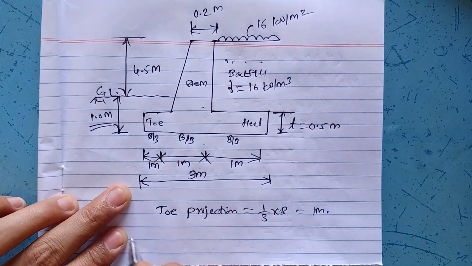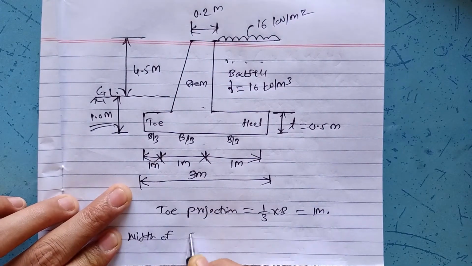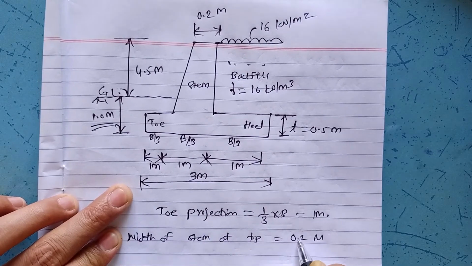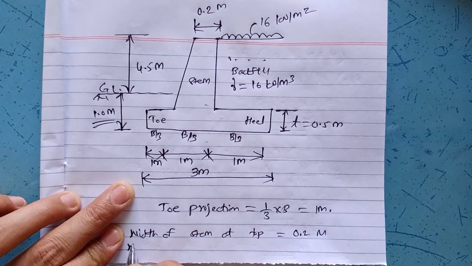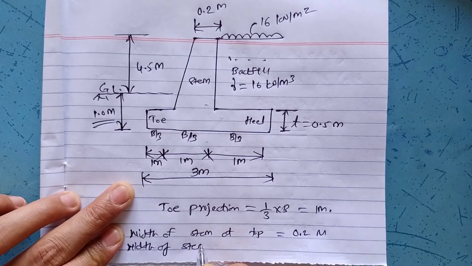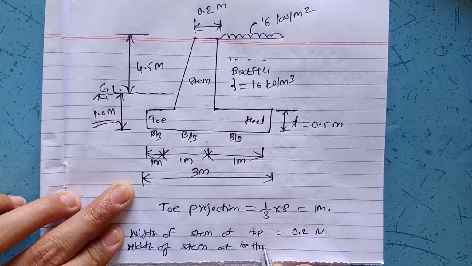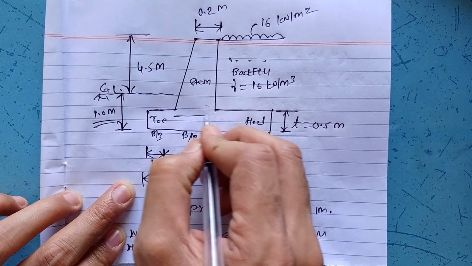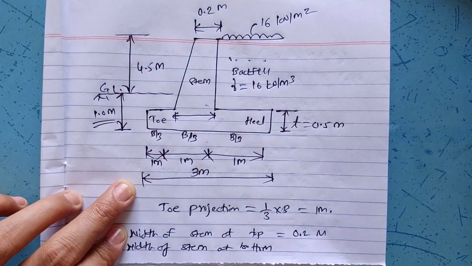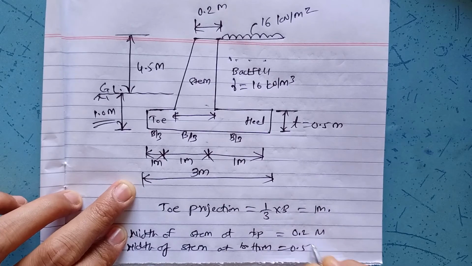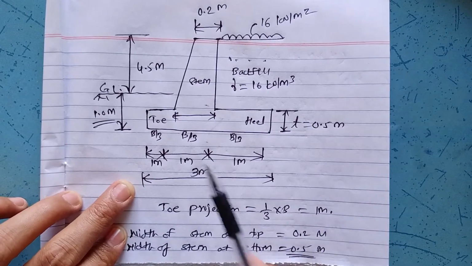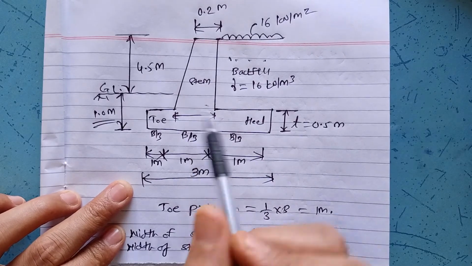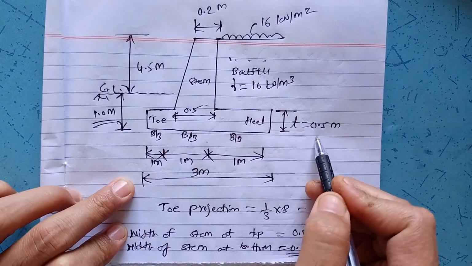Width of the stem at the top is equal to 0.2 meter minimum, and width of the stem at the bottom will be 0.5 meter, and keep in mind that width of the stem at the bottom will be similar to thickness of the base slab. Hence we are assuming width of the stem at bottom as 0.5 meter, which is similar to thickness of the base slab.